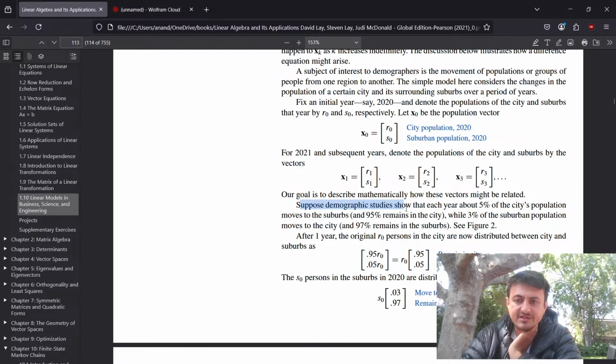Suppose demographic studies showed that each year 5% of the city's population moves to the suburbs and 95% remains in the city, while 3% of the suburban population moves to the city.